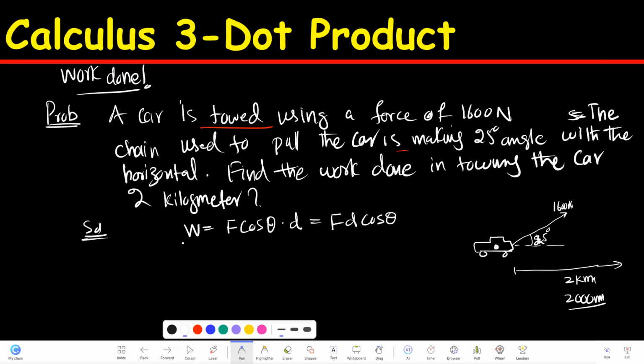Remember, in the dot product formula we multiply two vectors, force and distance, and cosine theta is the angle between them. So I'm going to write everything here: W equals 1600, then d is 2000, and then cosine 25.